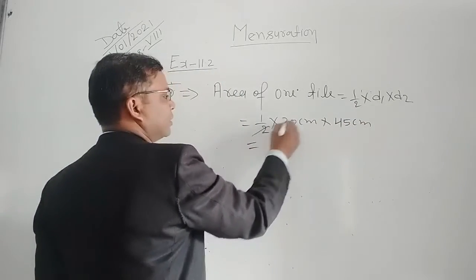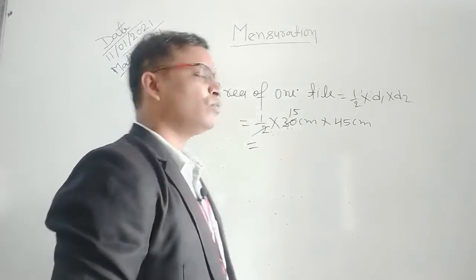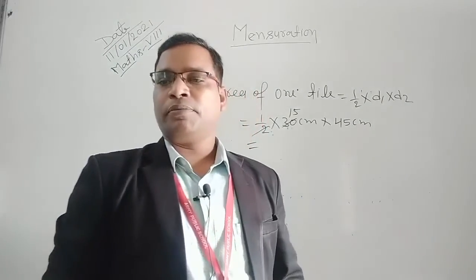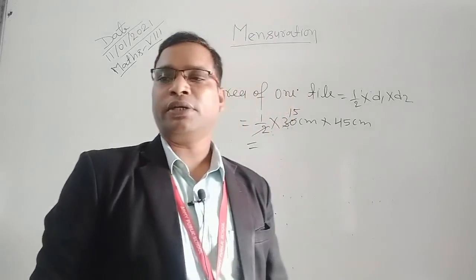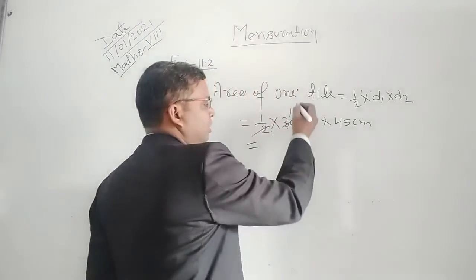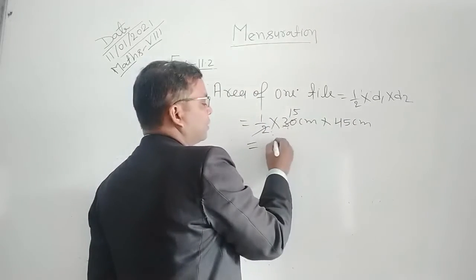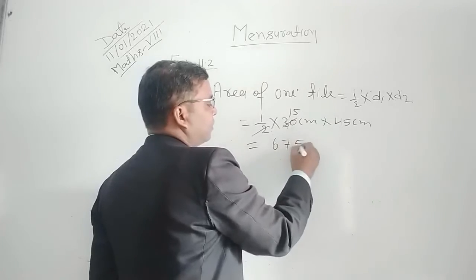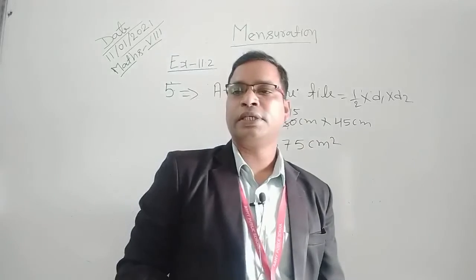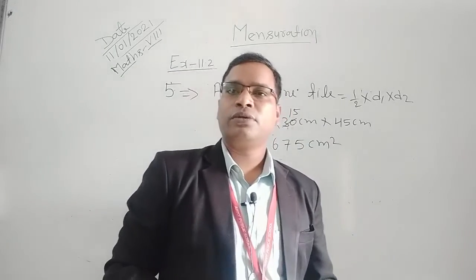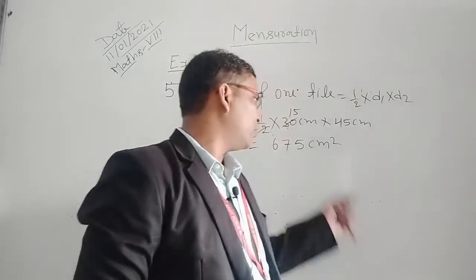If you cancel by 15, then we get 15 into 45, which is equal to 675 centimeter square. This is clear.